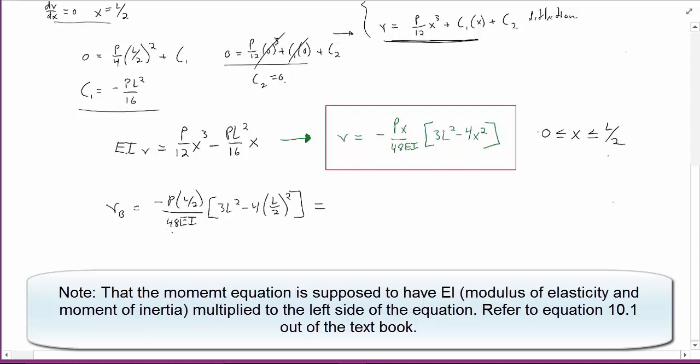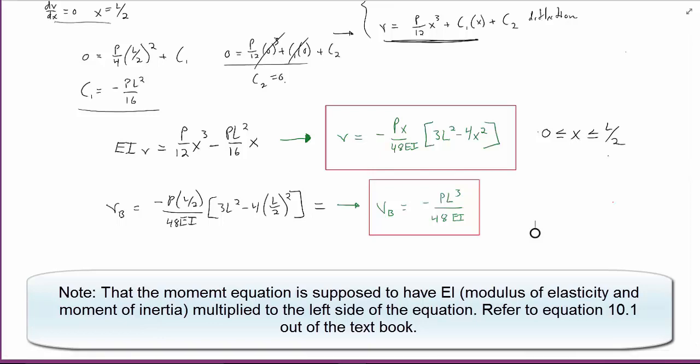And this is, again, the right answer, but you still need to reduce it down algebraically. And this becomes deflection at B equals negative PL cubed over 48 EI. And then this is the correct answer for part B.